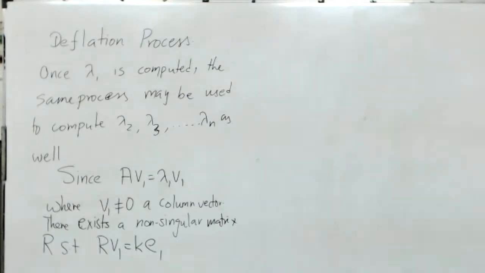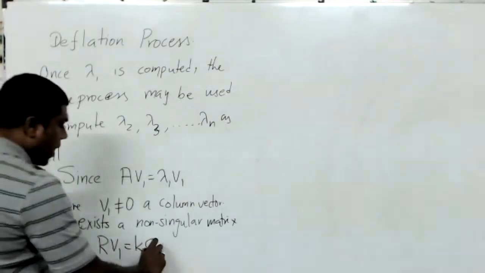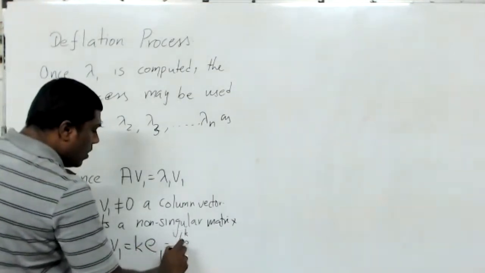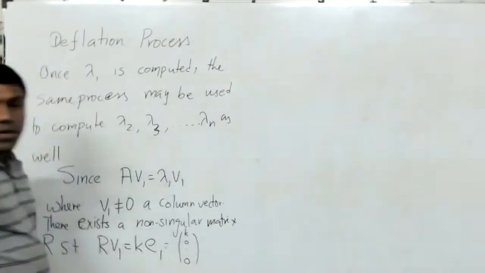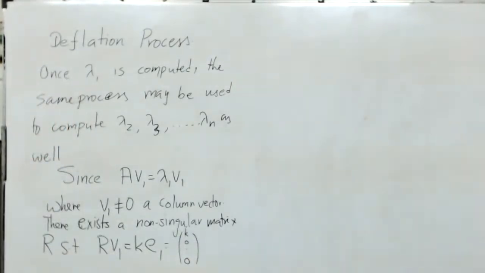So you multiply by an elementary lower triangular matrix or an elementary Hermitian matrix or some other non-singular matrix to transform the column vector into a constant times the first unit vector, that is k, 0, 0, and all the way down to 0. So from B you can transform it into k, 0, 0. That is possible, right?